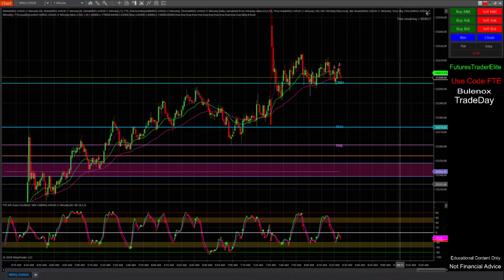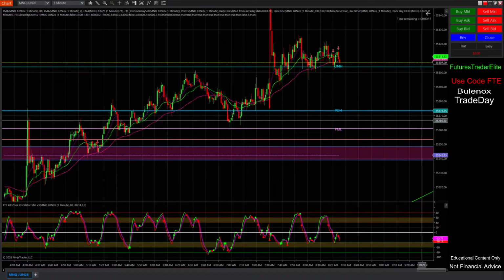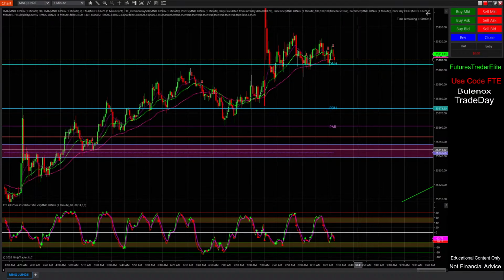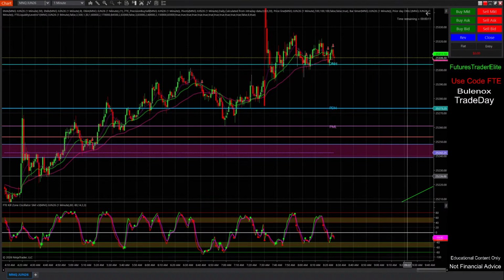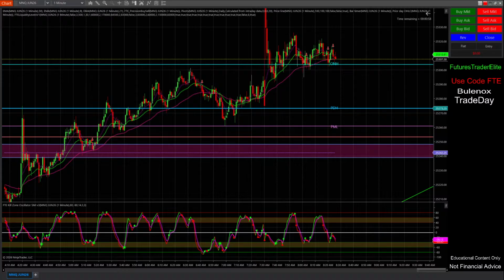Otherwise, I'm not going to be thinking about any longs, unless we get some kind of drastic pullback. And then maybe we'll determine if we want to get long. Otherwise, I think they might try to break it down, although they could try to run it up the first half of the day to the upside and then drain it off the second half of the day. That'd be a typical Friday move as well for them.